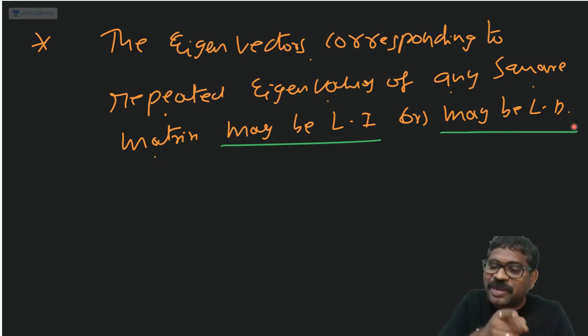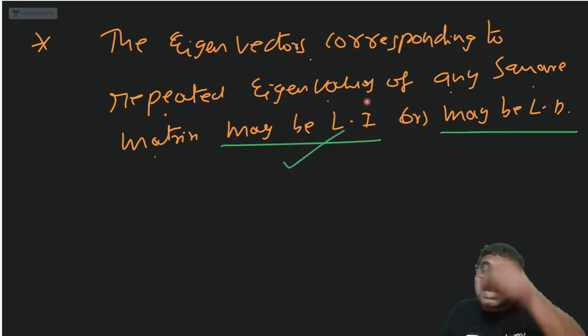If geometric multiplicity is equal to algebraic multiplicity, then the set is independent. If GM is less than AM, whatever difference you have, that number of eigenvectors are dependent. That's why the set is dependent. Catch my point?